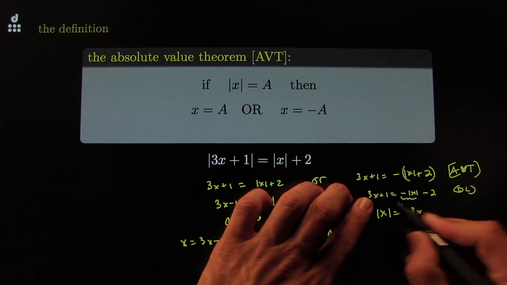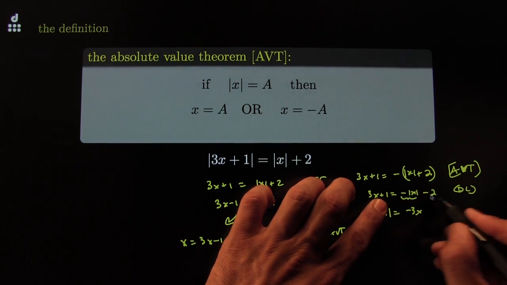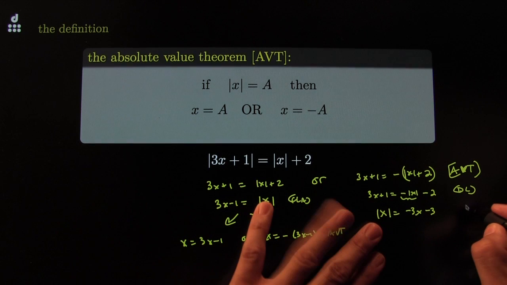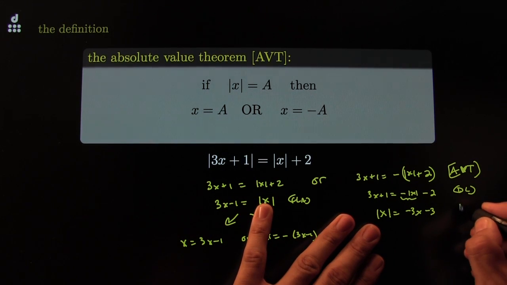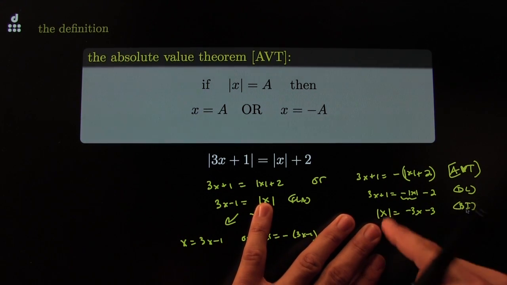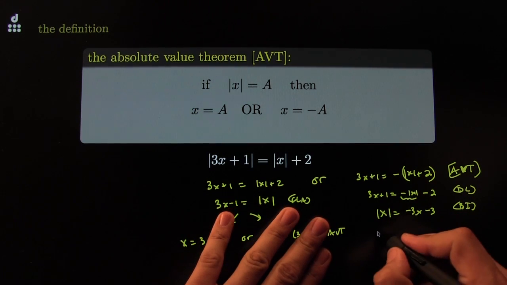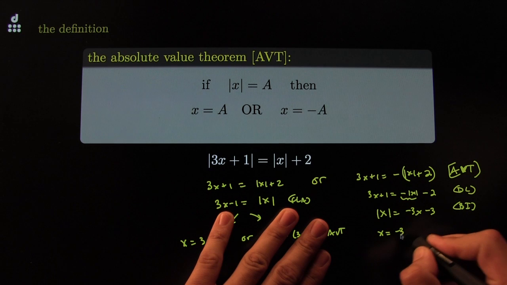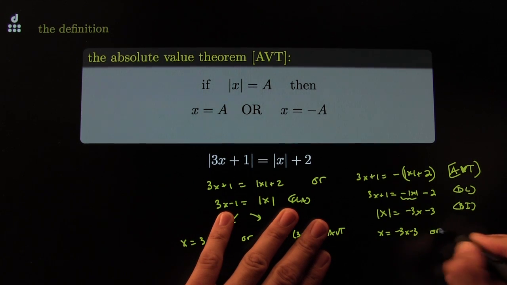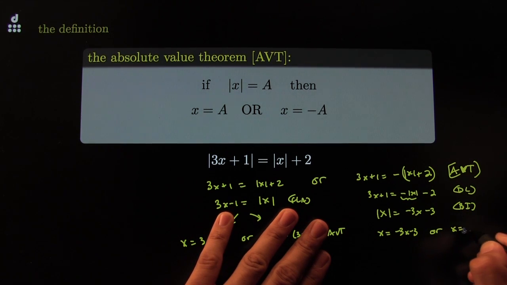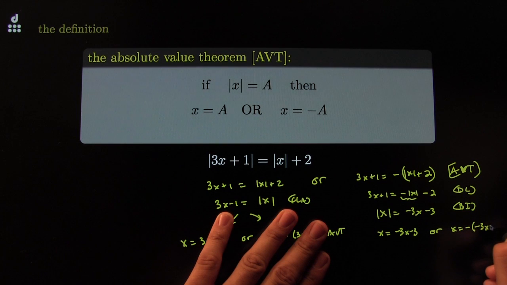So I have negative 3x, this is minus 1, and minus 2 would give you minus 3. I'll just box this piece, and now I've got the absolute value of x is equal to blah. I can use my AVT here, and so I get that x is equal to negative 3x minus 3, or x is equal to 3x plus 3 by AVT.